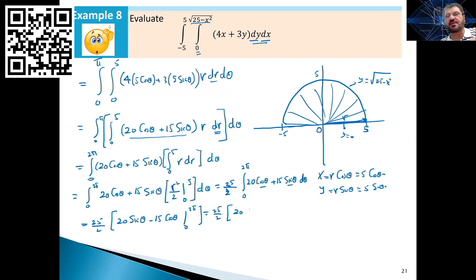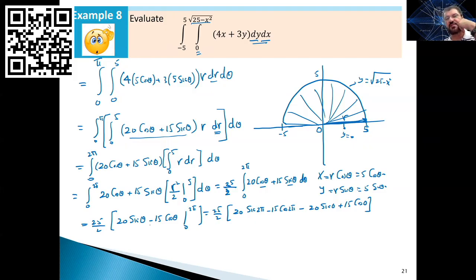So this is 20 sine pi minus 15 cosine pi. Then we say minus 20 sine 0 plus 15 cosine 0. You know, we change the sign because the bottom one, you say minus.